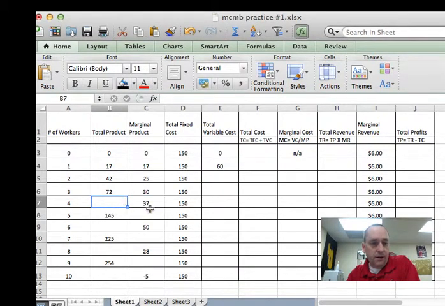And then here, the fourth worker is worth an additional 37, so that puts me at 109. Hope I'm doing this math in my head right. 145, so I know this person is, minus 109, worth 36. Right? So we start to see it going down here.